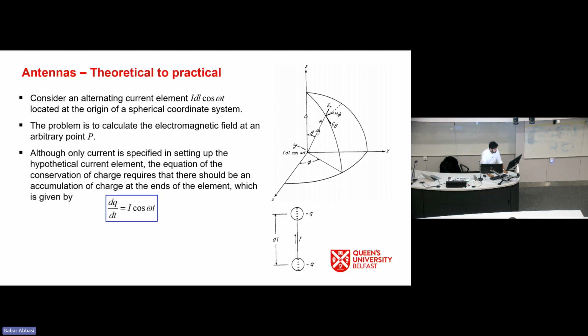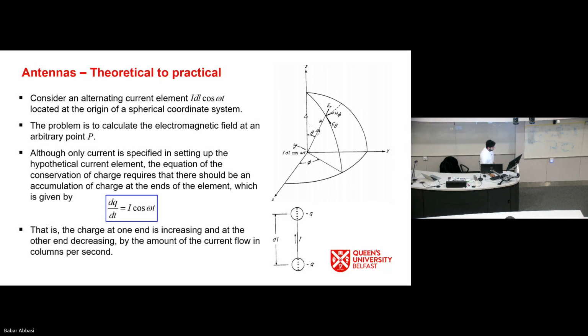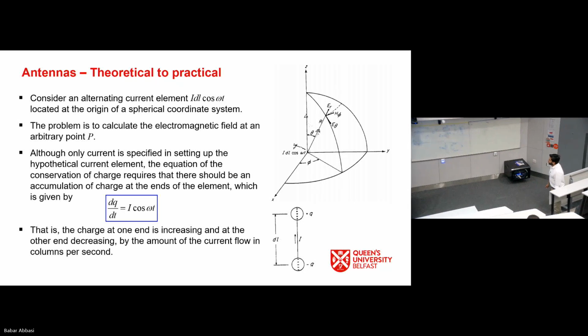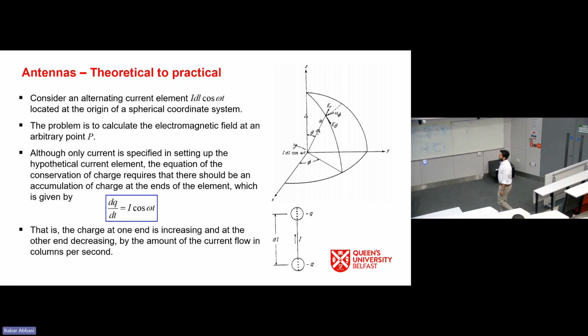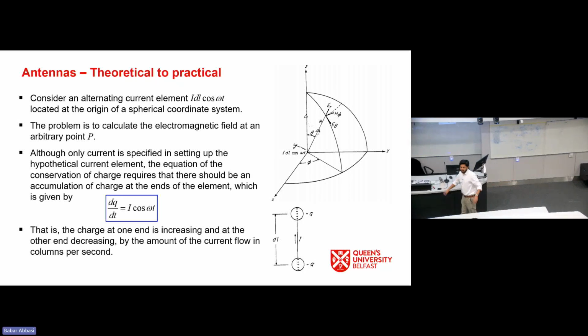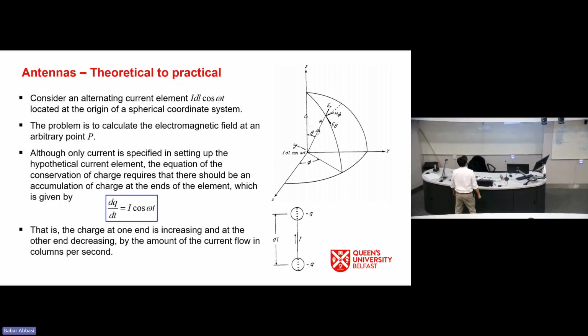So if I have a simple dipole, then I can write an equation: dq over dt is equal to I cos omega t.